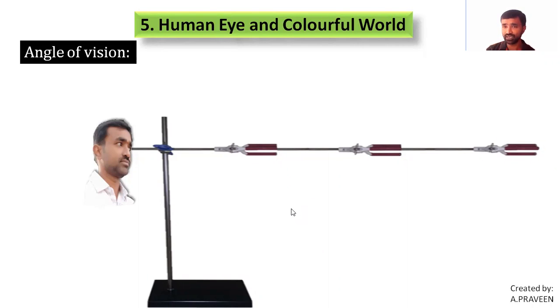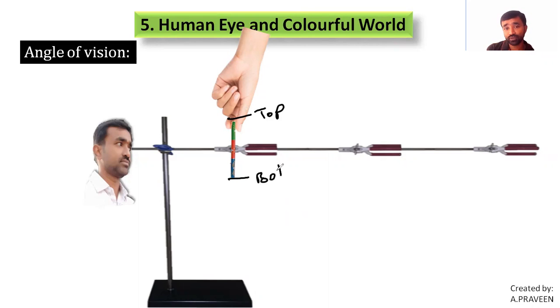First I'm taking the short wooden stick. So I brought it to the 25 centimeter distance. Observe: are you able to see the complete object, meaning the top of the wooden stick and the bottom of the wooden stick?